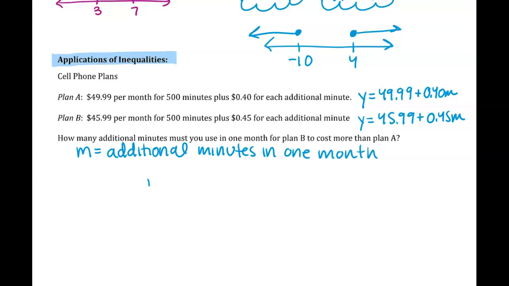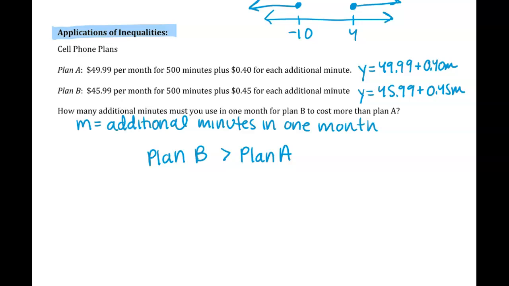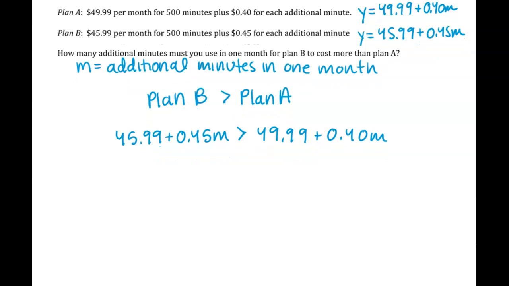So for Plan B to cost more than Plan A, we want Plan B to be greater than Plan A. So Plan B was $45.99 plus 0.45 M. If that's greater than Plan A, which was $49.99 plus 0.40 M, let's solve.